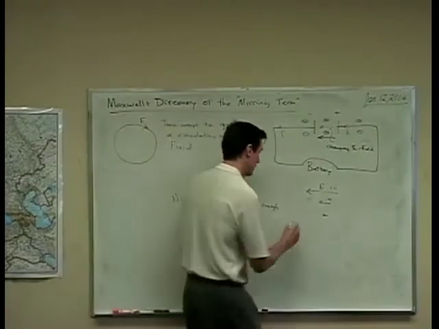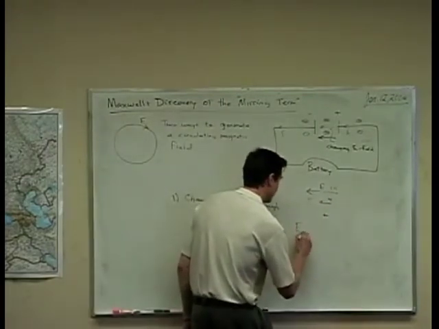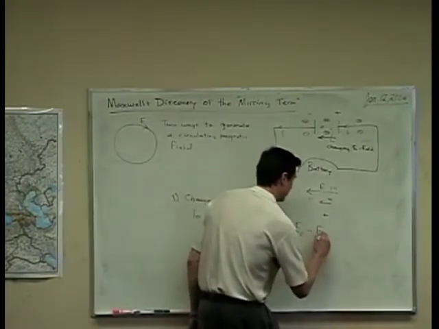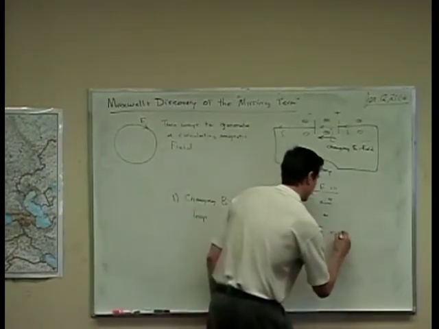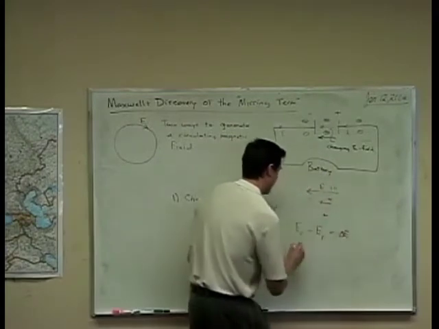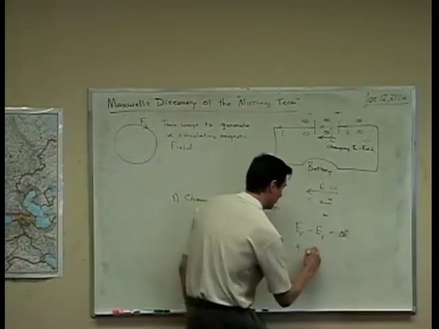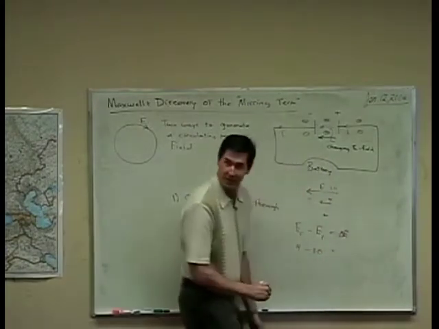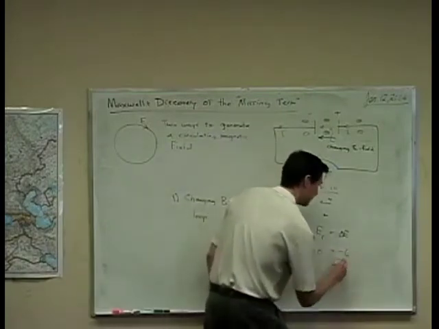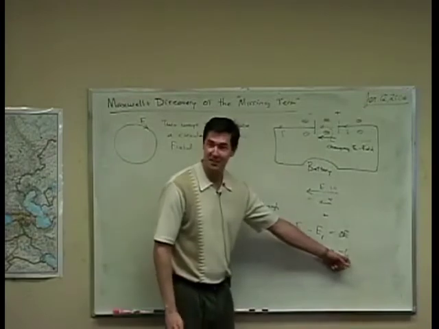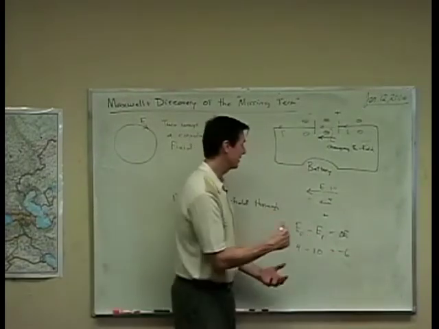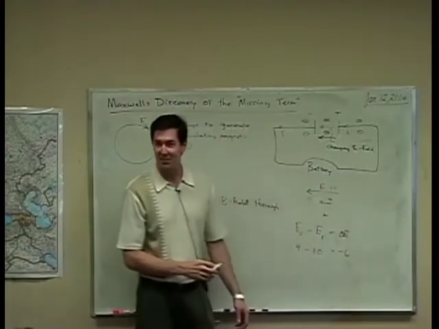Well, if you take the final E field and you subtract the initial E field, you get the change, right? Well, that's 4 minus 10, which gives you minus 6. The fact that that's a minus sign means the change is in the opposite direction of the E field.